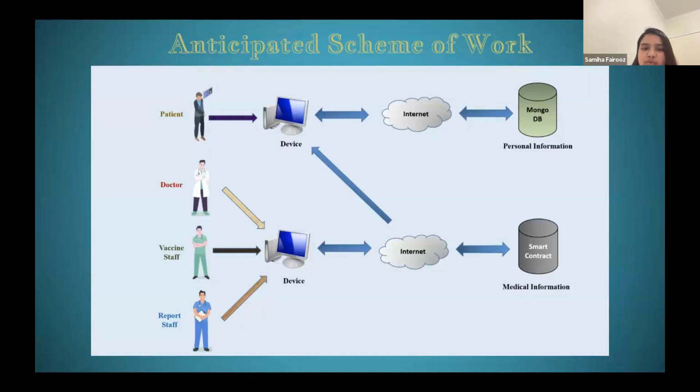Although both the patients and doctors can view all the records of the patient, only doctors can update some of the sections. By contrast, the other 2 users can view only the patient's personal history and relevant sectors. Moreover, with the help of the internet, a patient's confidential records would be stored in MongoDB and smart contract databases through blockchain technology, respectively.